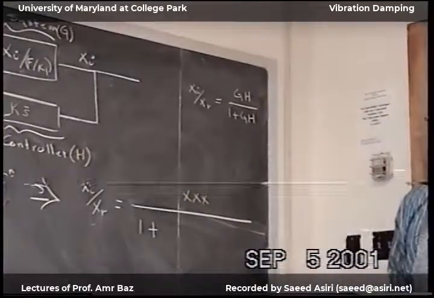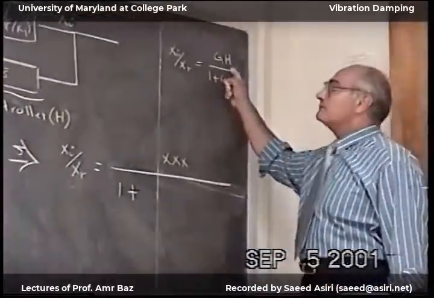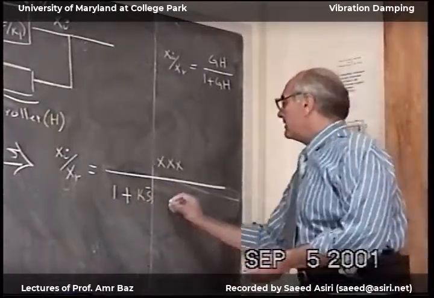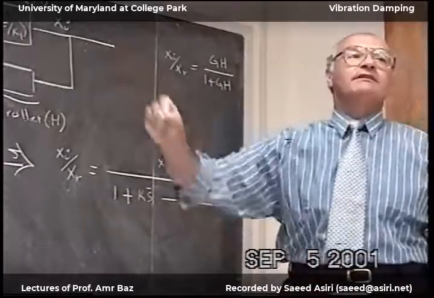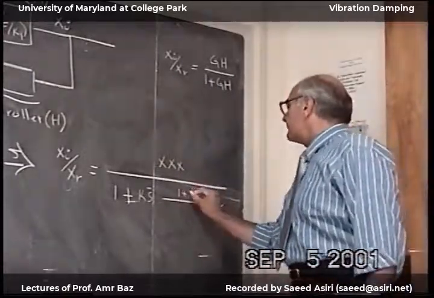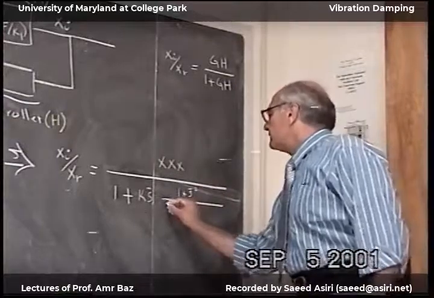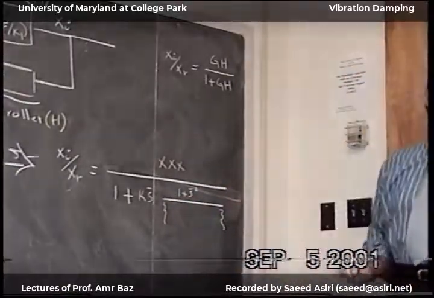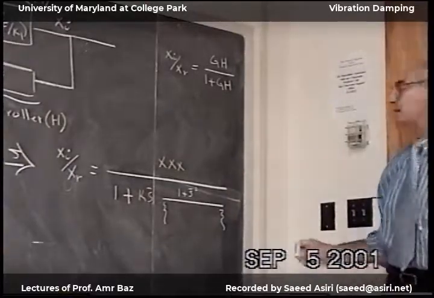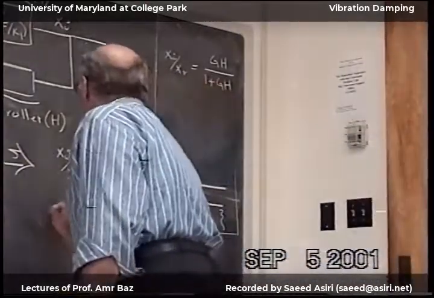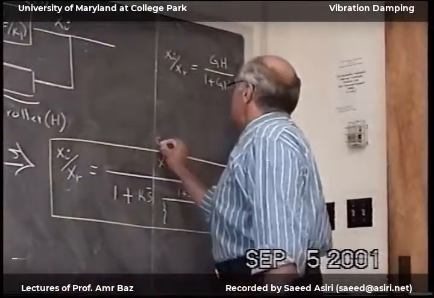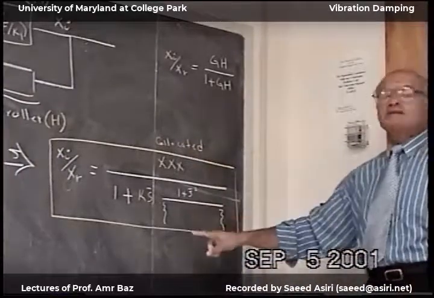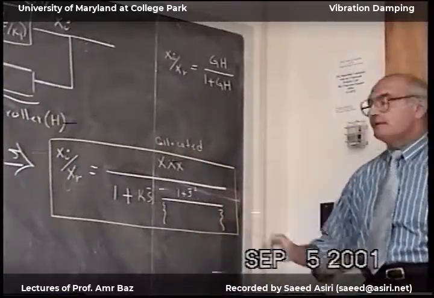And the denominator will be G times H, so we have K, S bar, and then I'm gonna multiply it by whatever we have here. So we have 1 plus, for example, S bar squared divided by the denominator. And this would be the closed loop transfer function for the collocated system that we have. And the non-collocated will be exactly the same, except that this will be 1.